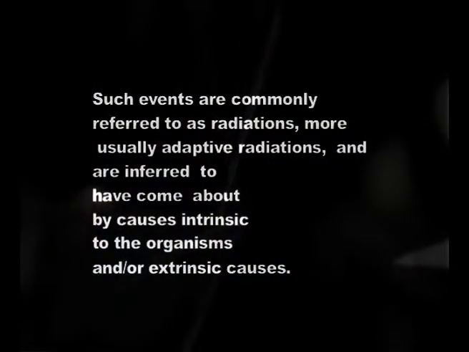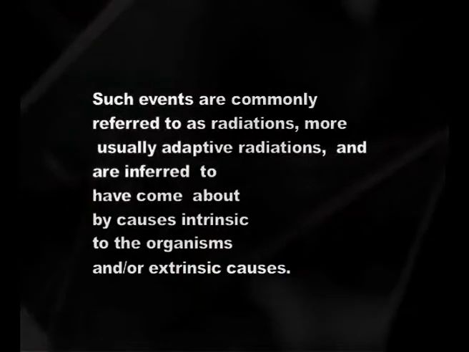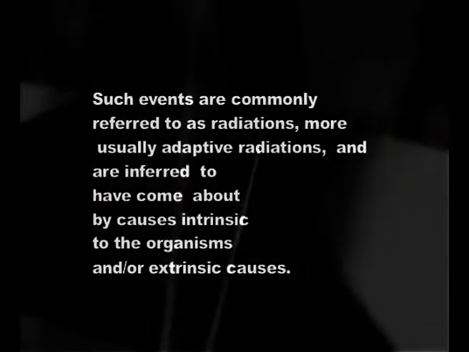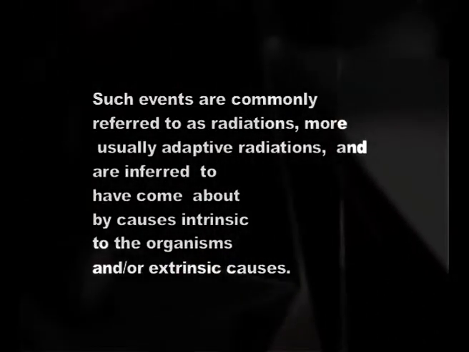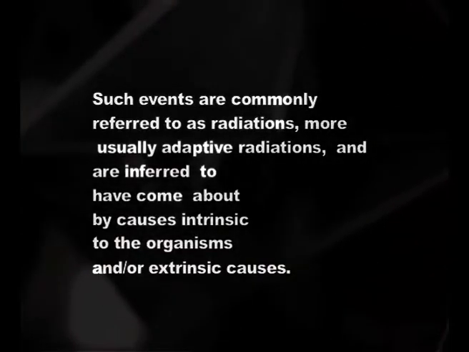Irrespective of the modes of speciation, the fossil record demonstrates repeated instances, geologically speaking, of sudden increases in the number of species, and these are usually associated with rapid morphological divergence. Such events are commonly referred to as radiations, more usually adaptive radiations, and are inferred to have come about by causes intrinsic and/or extrinsic to the organisms.